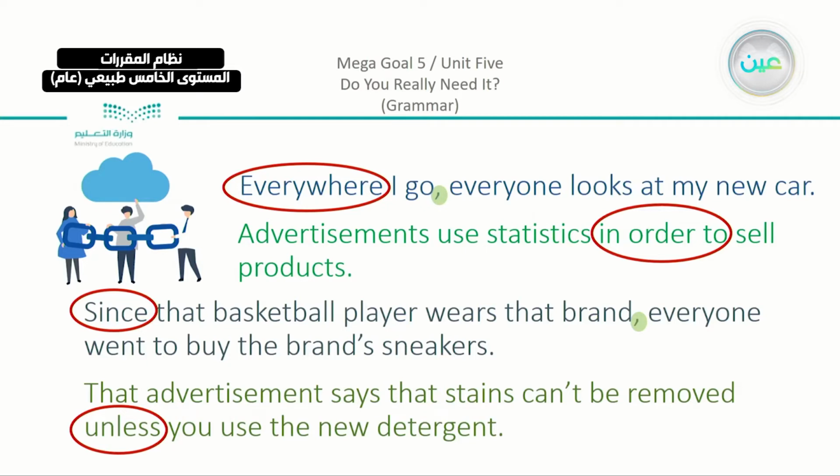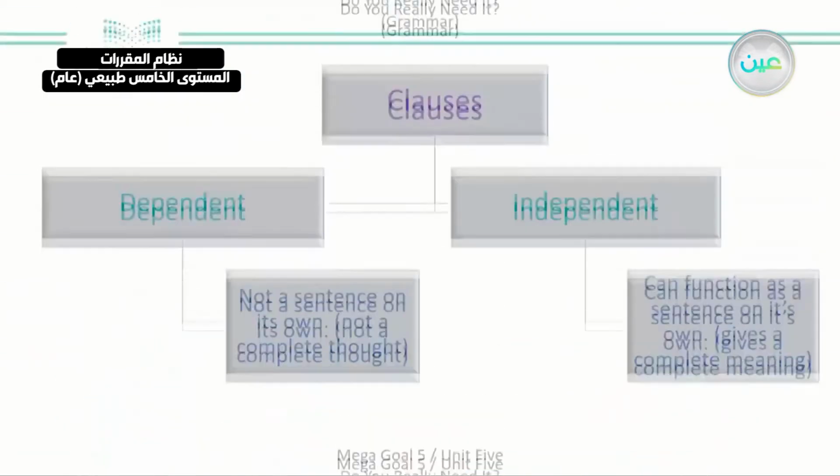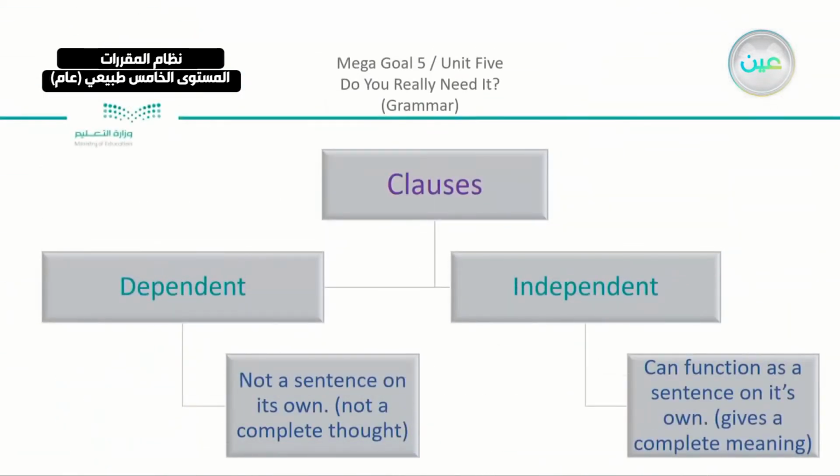All of these are conjunctions, but they are different in meaning. They give different information. Basically, in the clauses, I'm going to go back to the idea of a complete meaning or another meaning that is not. So we have here the clauses. We call them dependent and independent.